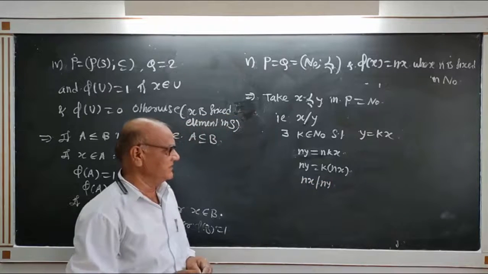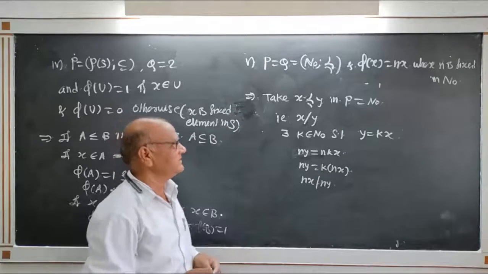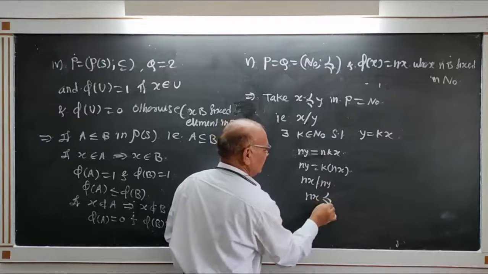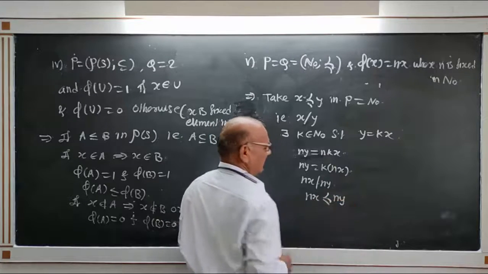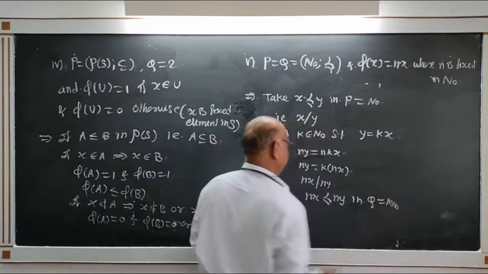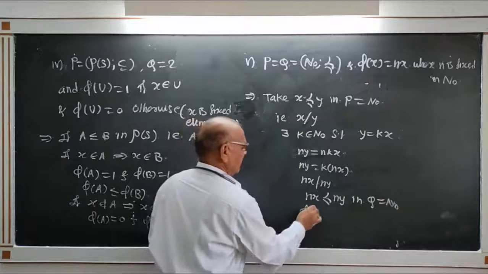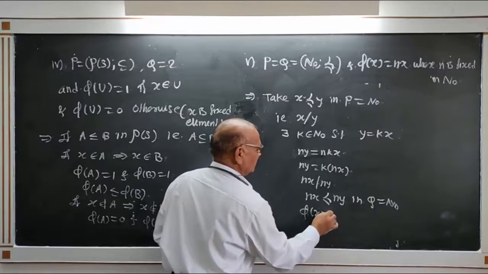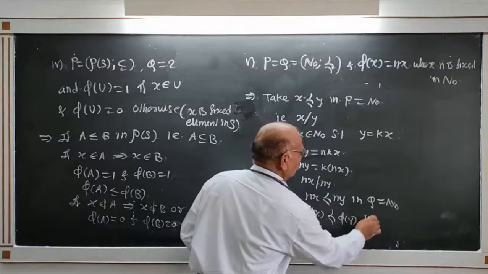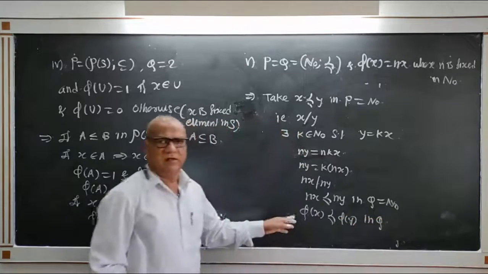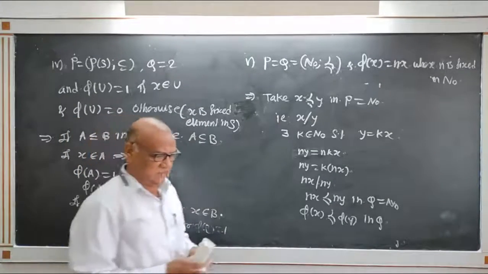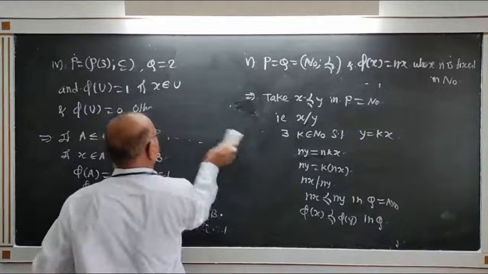That means Nx is related to Ny in Q, where Q means N0, the same. And this gives phi of X related to phi of Y in Q. So this is also order preserving.